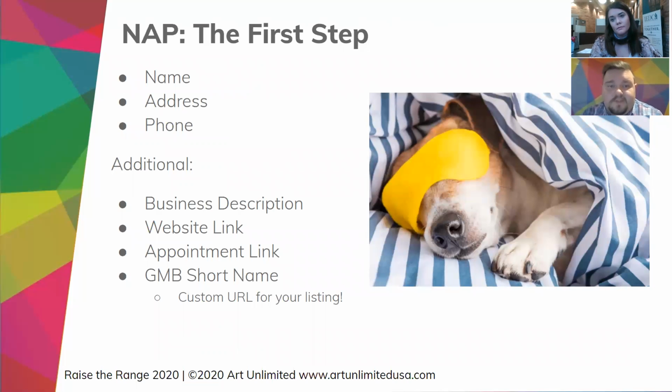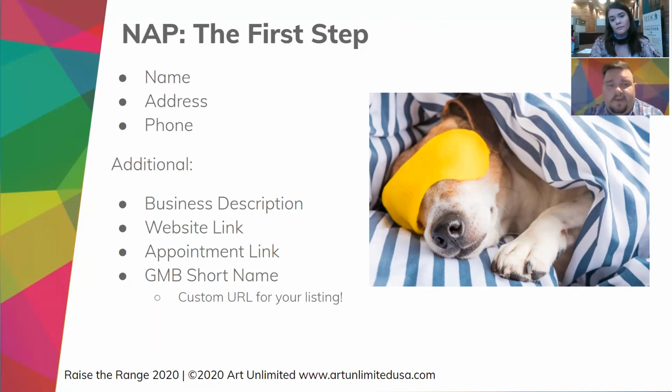You link to your website. The appointment link is if you use a tool like Calendly to set up meetings, or if you just have a contact us page on your website, that's where you would put that, so that people can just immediately reach out and get in touch with you.